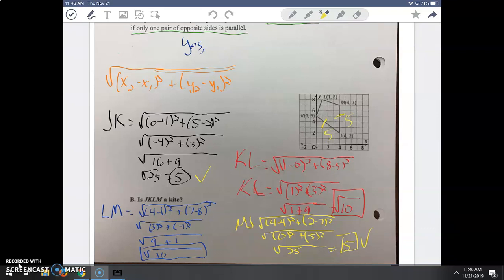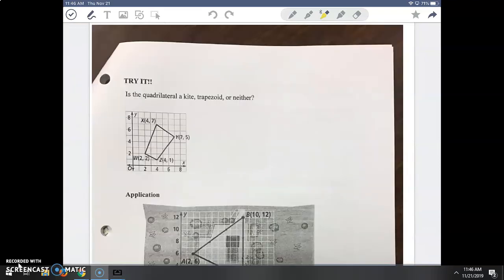And then we also look at the square root 10s with KL and LM. Okay, so is this a kite? Yes, it is. Okay, so yes, this is a kite. So this would be a yes on that. Okay? All right, so let's take a look at another one.